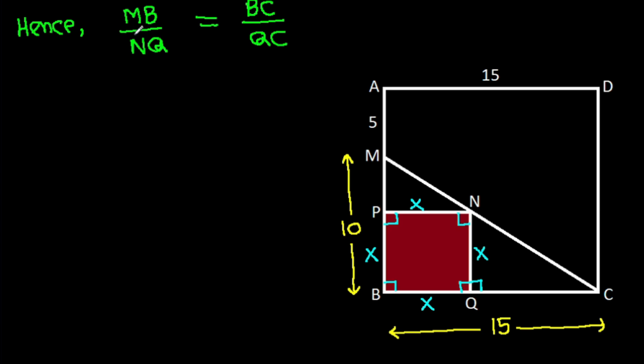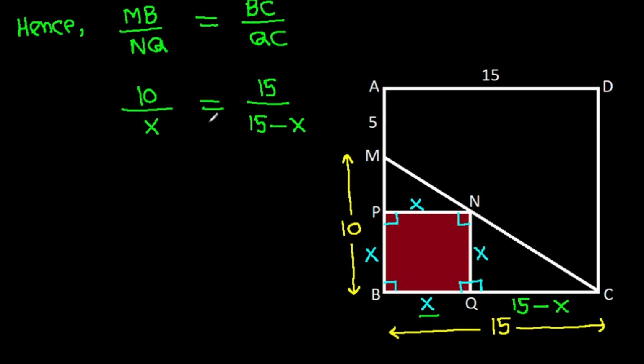Now MB is 10 over NQ is x, equal to BC is 15 over QC, which is 15 minus x.